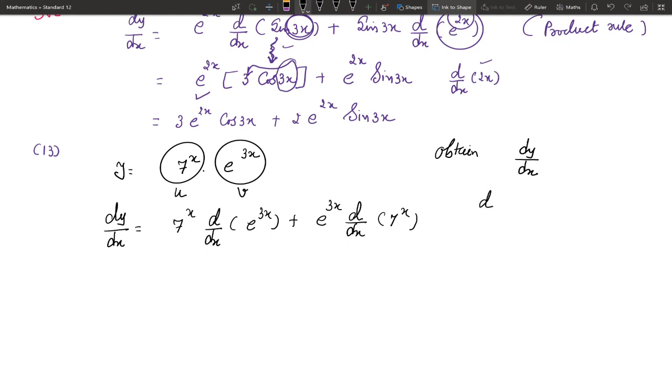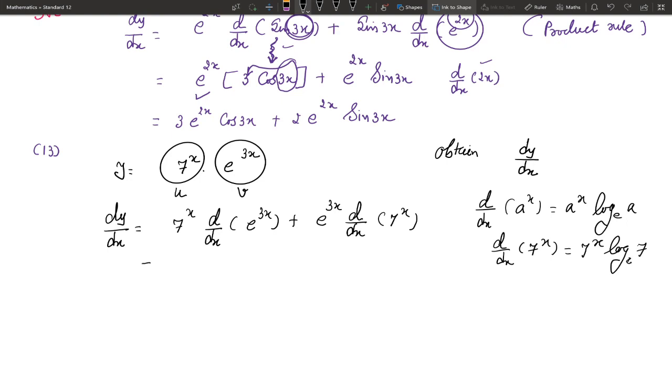Now note this formula, d by dx of a raised to x is a raised to x into log a. So using this, d by dx of 7 raised to x is 7 raised to x into log 7.